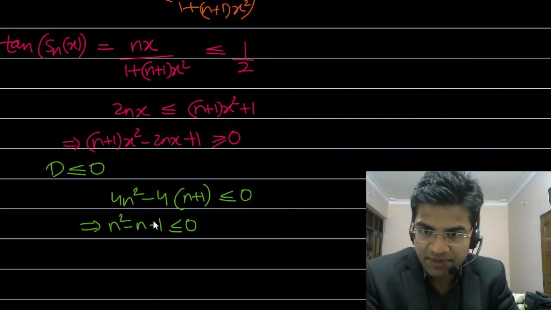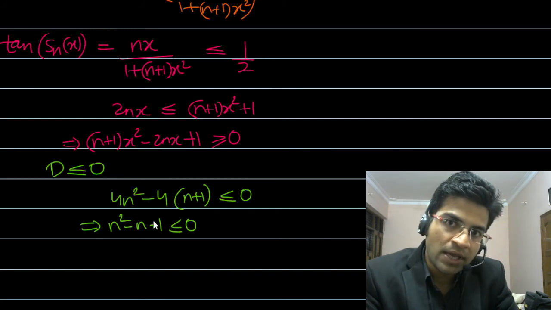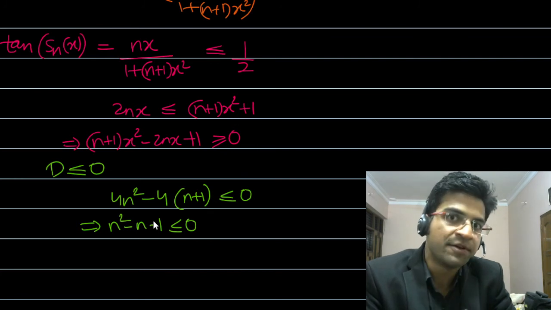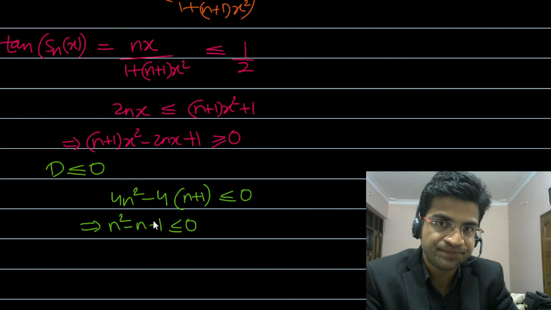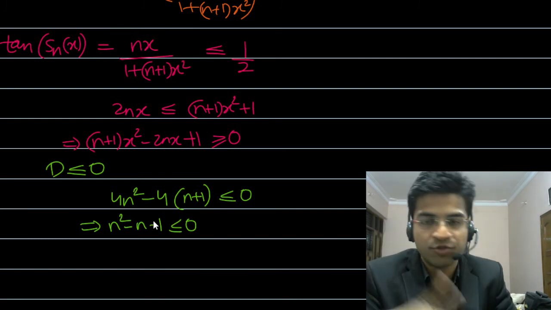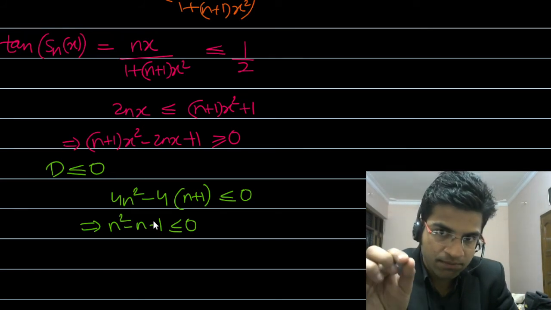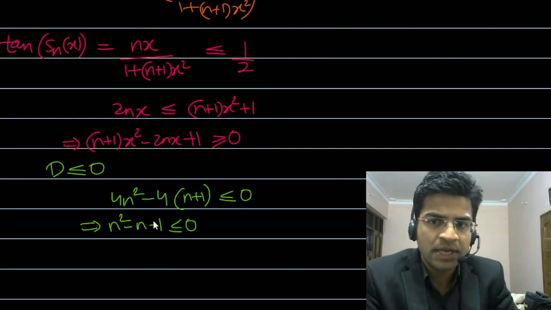From this expression, n will certainly be constrained to a particular interval. But n should be greater than or equal to 1 because it is given. By using this logic, we can see n will be constrained.